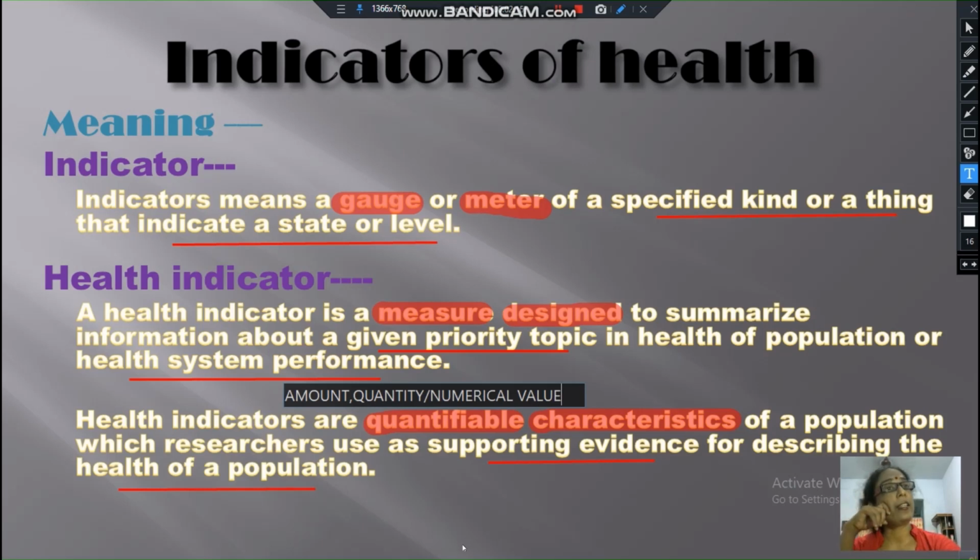It may be centigrade or Fahrenheit, as for example 98.4, 98.6 degrees Fahrenheit, 38 degrees centigrade, 37.5 degrees centigrade, etc. And weight of a person in kg, 50 kg, 60 kg, 40 kg, 30 kg, etc. And examination marks, 30 out of 100, 50 out of 100, 150 out of 200, etc. That means all have a numerical value, or they are all an amount or quantity.